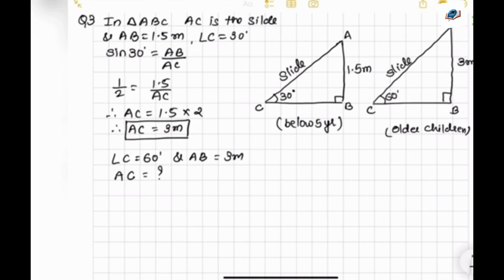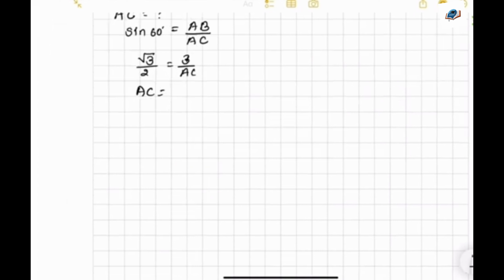Now sine 60 means root 3 by 2 equal to AB, which is 3, upon AC. So AC will be 3 into 2 upon root 3. So if I cut root 3, I will get AC equal to 2 root 3 meter.